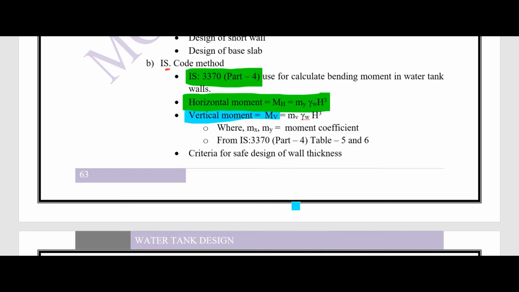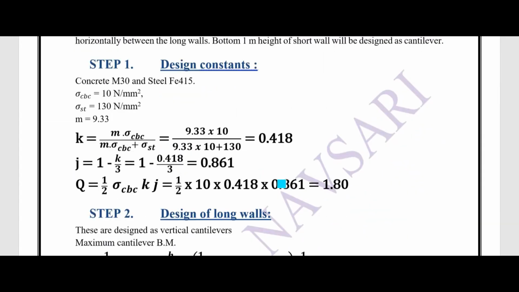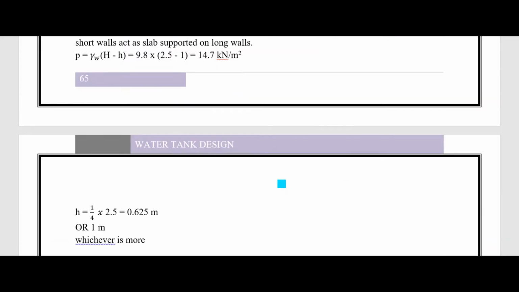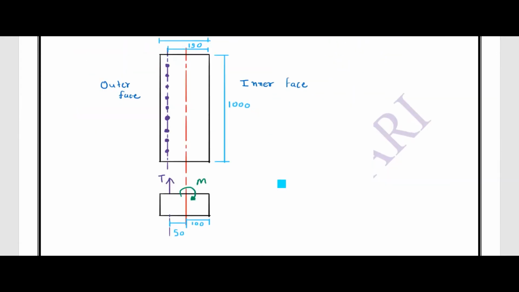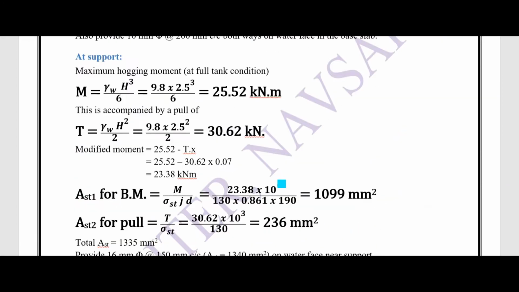By these two moments, MH and MV, we can design a water tank, right? So let's start the IS code method. This example is for the approximate method, but we are going to learn the IS code method.